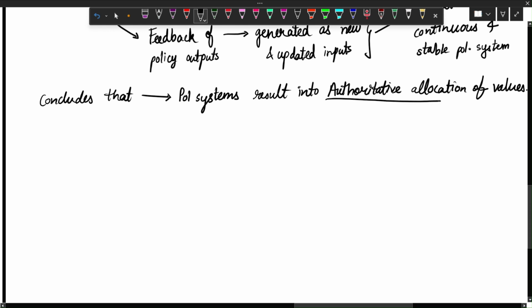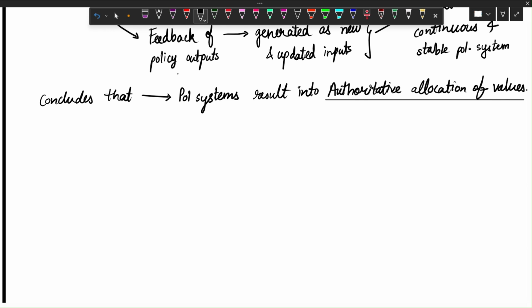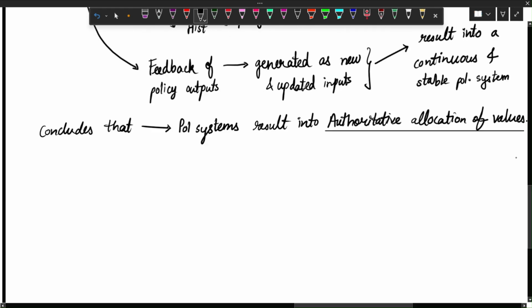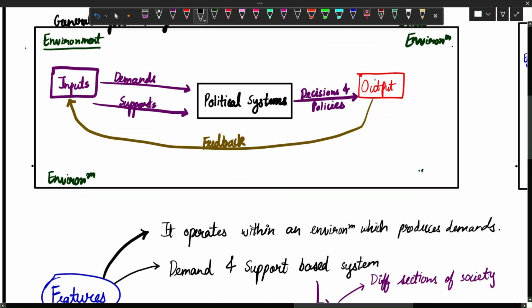So David Easton concludes that political systems result in authoritative allocation of values. So what does authoritative allocation of values mean here?